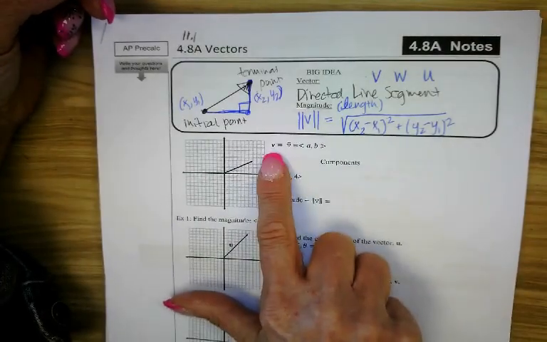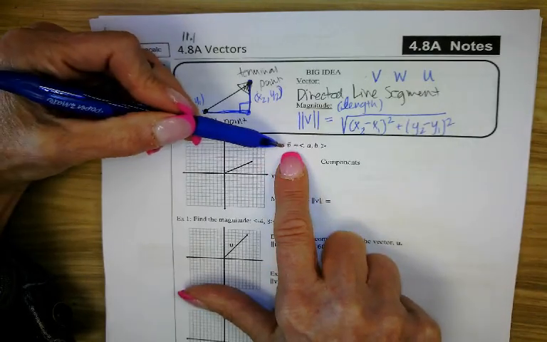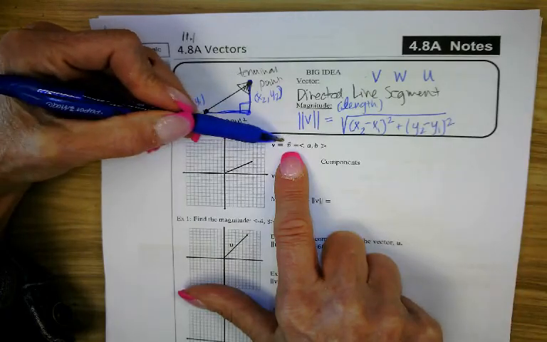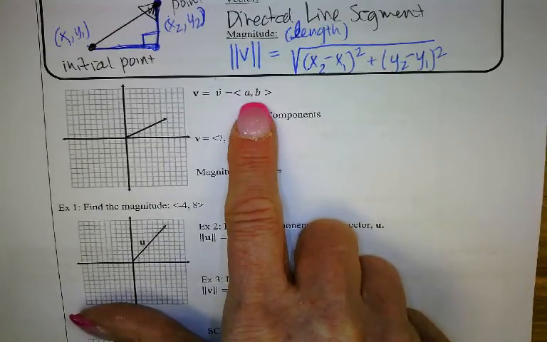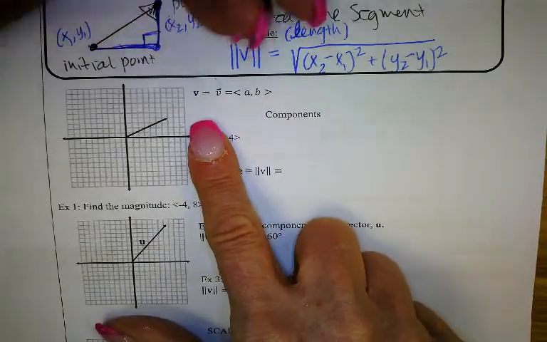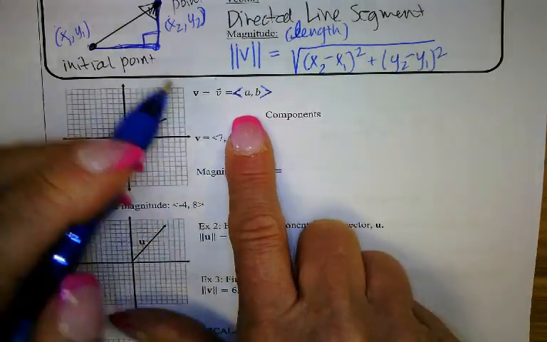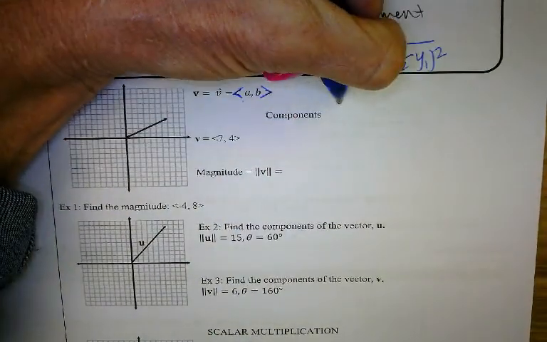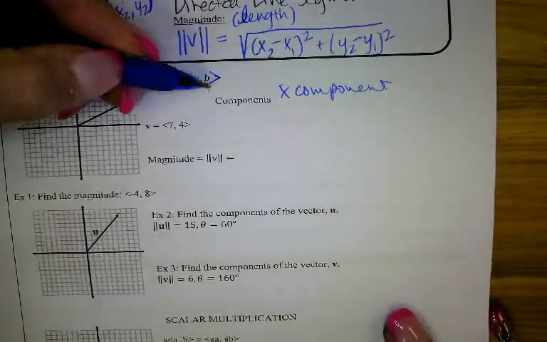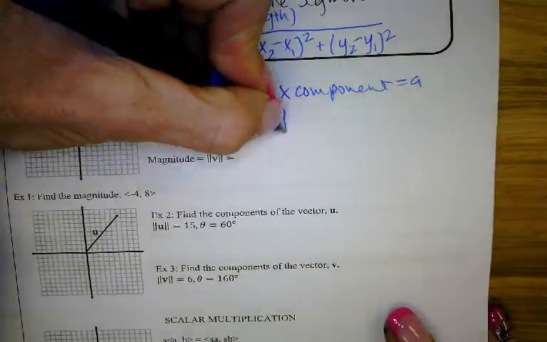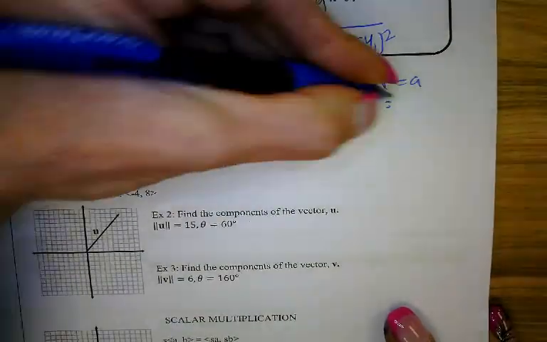So we denote it in vector, just vector v. In geometry, we might have written v with a little ray symbol over it. But here we just call it vector v, and when we write it with these pointy brackets, like vector a comma b, this is saying the x component is a, and the y component is b.